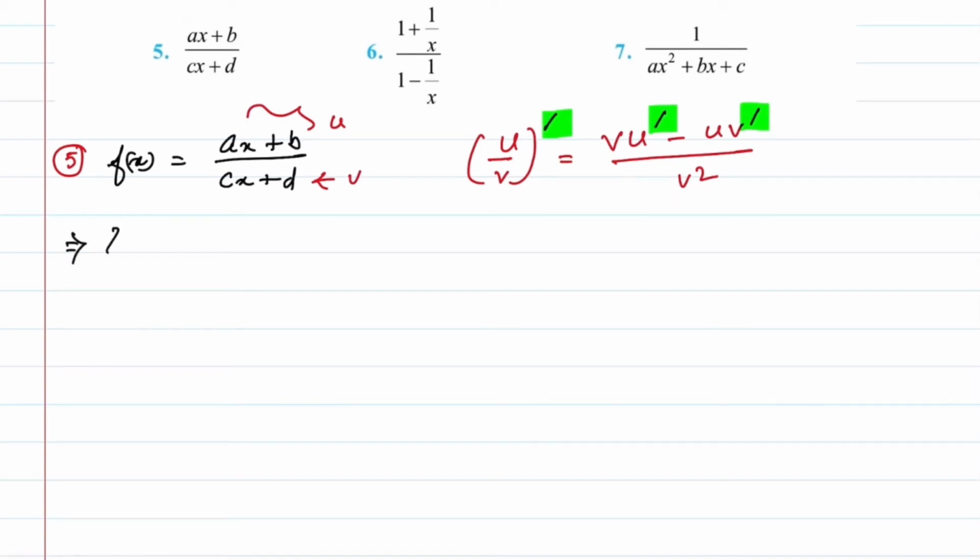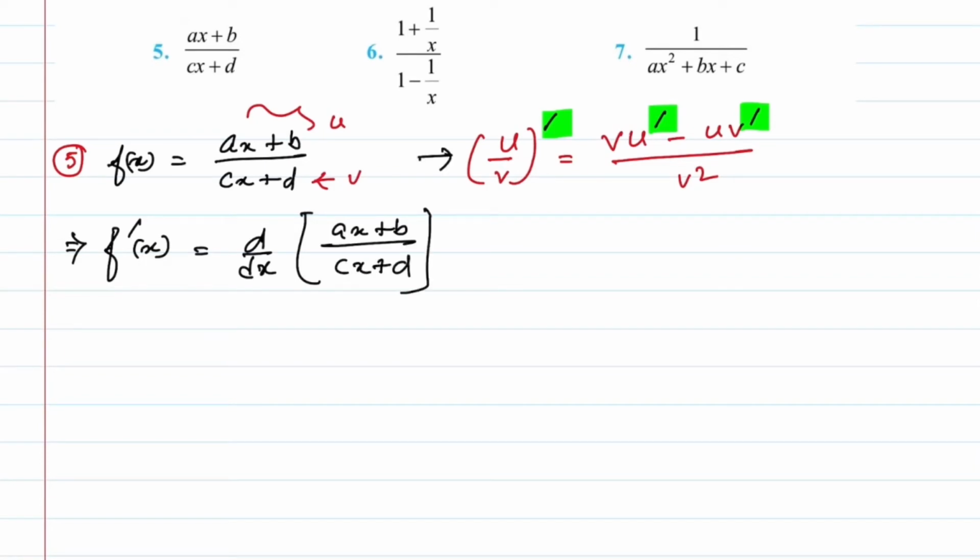So here f dash x will be, let me write this way first, (ax plus b) by (cx plus d). Then let us use this.